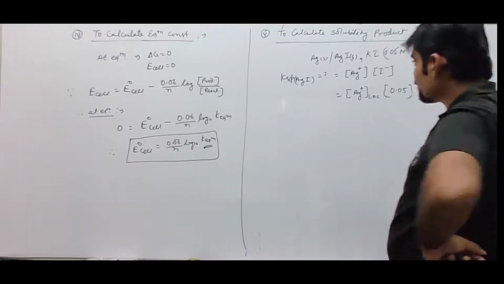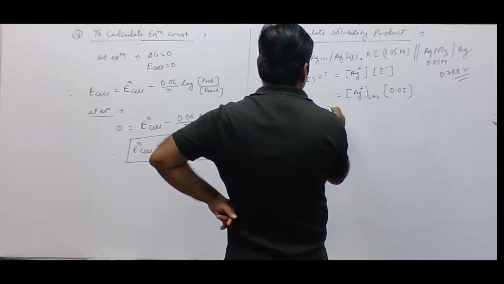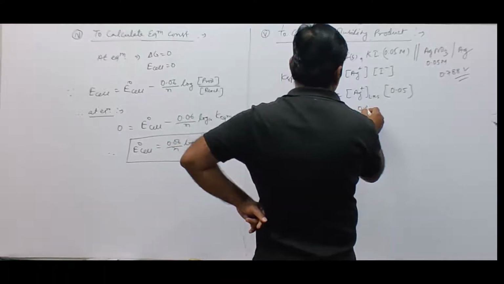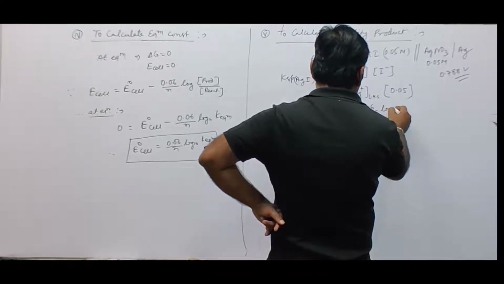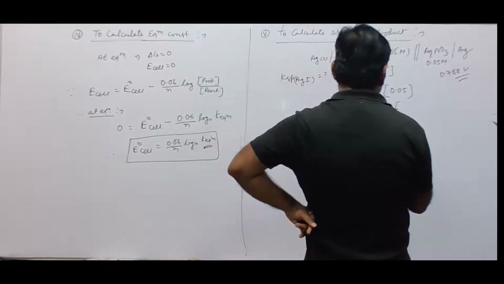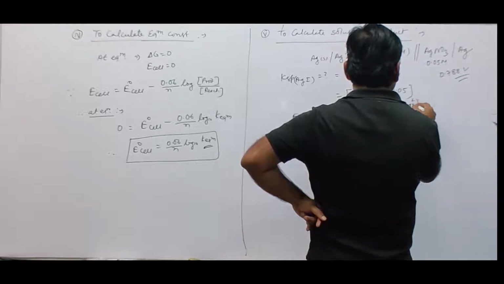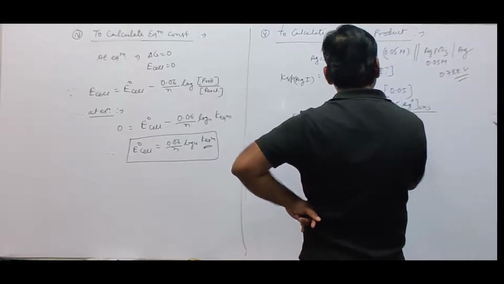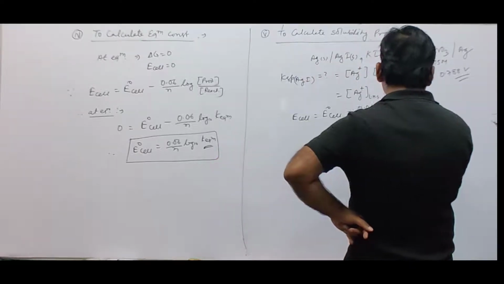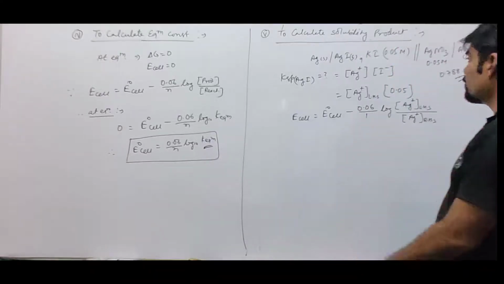How to do it? See, we have EMF of cell equal to E naught of cell minus 0.06 divided by n, where n value is 1 over here, log base 10 of the molar concentration of Ag plus in the LHS, which is unknown, divided by the molar concentration of Ag plus in the RHS, which is known.